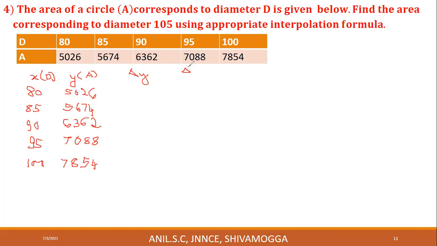First order differences, then second order differences, and then third order differences, del cube y, and fourth order differences, del power 4 y. You finish the table.